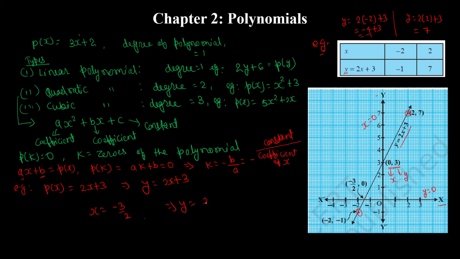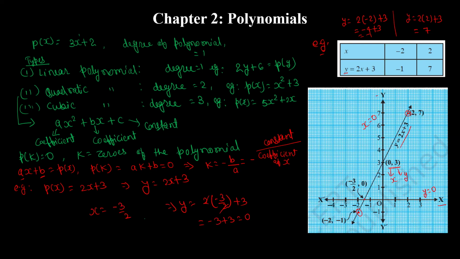We have 2 into minus 3 by 2 plus 3. So the 2 gets cancelled. We have minus 3 plus 3, that is going to become equal to 0. Okay. So this is the zero, there is only one value, so we can call it the zero. So this is the zero of the polynomial. That is the k here for us, by putting minus 3 by 2.